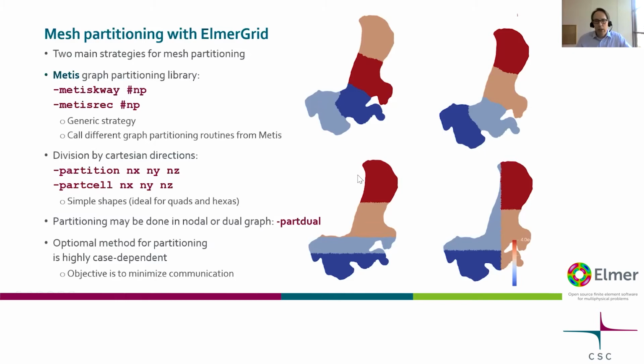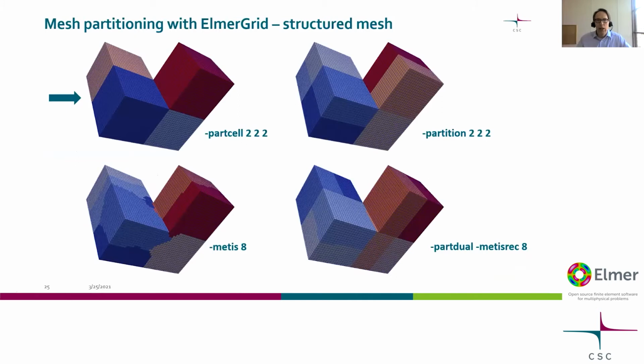Use the one that is ideal for the case. For instance, here I had a structured mesh. If I use this, which divides it into uniform cells, then this is absolutely perfect. You could not have a better partitioning for this case if you want 4 partitions.